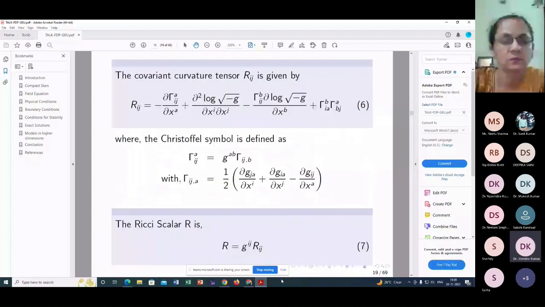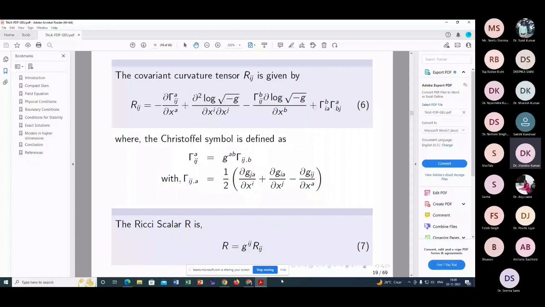These are some basics of the governing equations. Here R_ij is the covariant curvature tensor, which is given by equation number 6, and gamma, these are the Christoffel symbols, which are well defined. The first one is the Christoffel symbols of the first kind, and the second one is the second kind of Christoffel symbols.